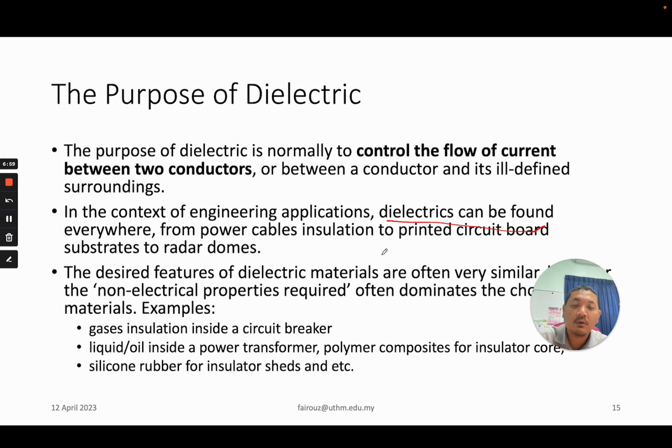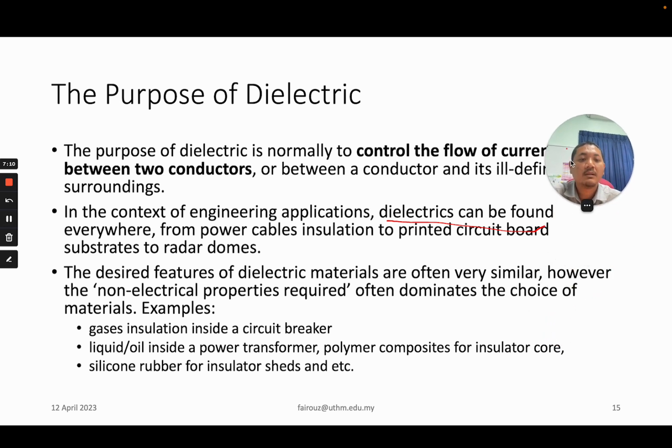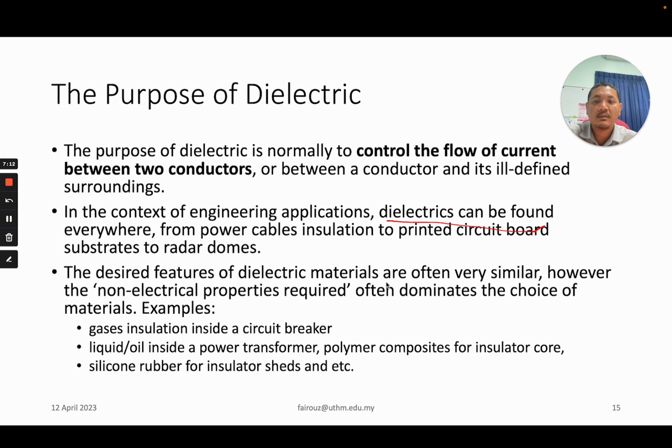Transformers use oil as insulation, paper as insulation, right? So many applications. The desired features of the dielectric materials are often very similar. However, the non-electrical properties required often dominate the choice of materials. All right, what does it mean, non-electrical properties required?